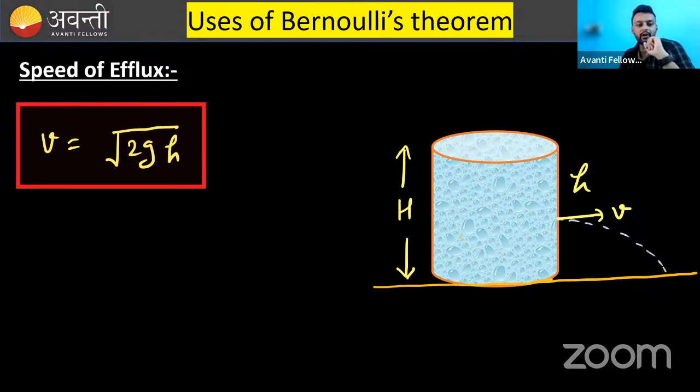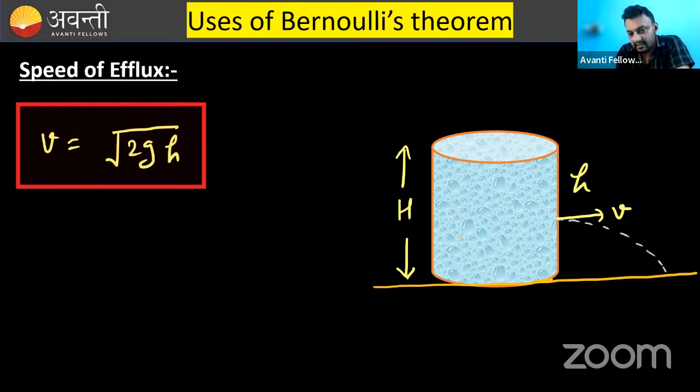The Magnus effect is also based on Bernoulli's theorem: the spinner who bowls the ball and it spins, reverse swing in cricket, and the banana kick of the football are based on the Magnus effect, which is further based on Bernoulli's theorem. Out of these, a very common one is speed of efflux, from which a numerical may be asked. That's why I have placed it. Velocity of efflux is v equals root 2gh.